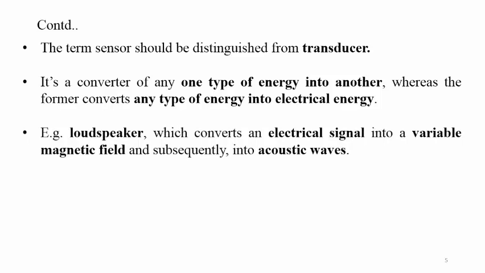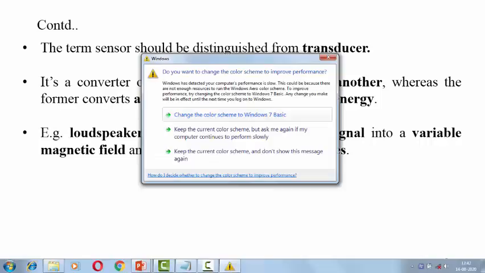Take a simple example, loudspeaker. A loudspeaker converts an electrical signal into a variable magnetic field and then subsequently into acoustic waves or sound waves.